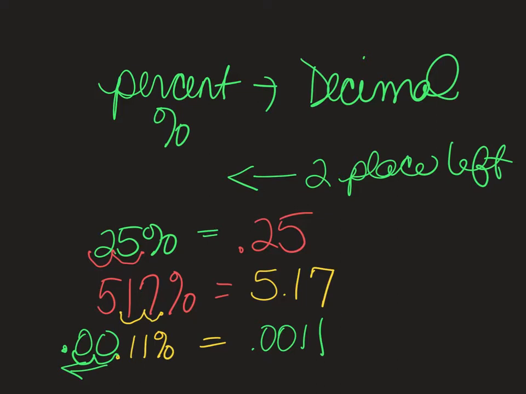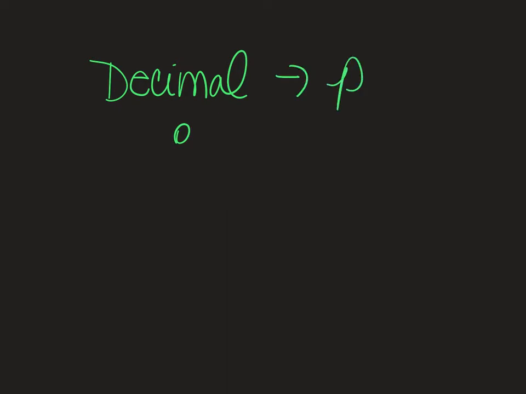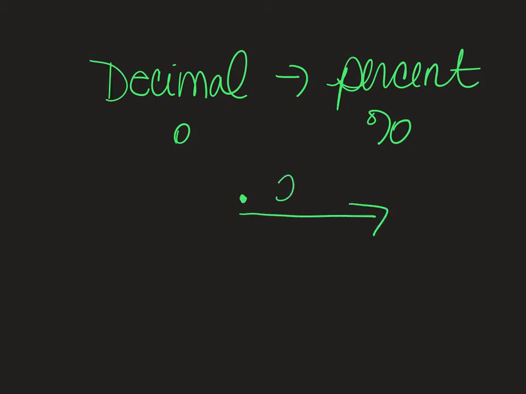Now, let's do another here, which is a decimal to percent. In this case, you're going to do quite the opposite. You're going to move your decimal 2 places to the right.